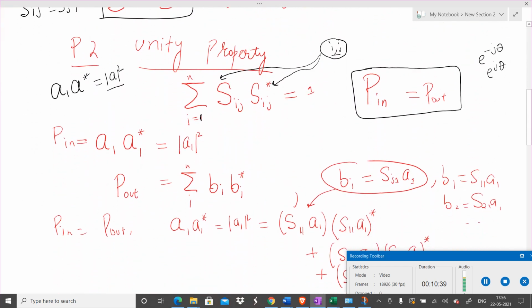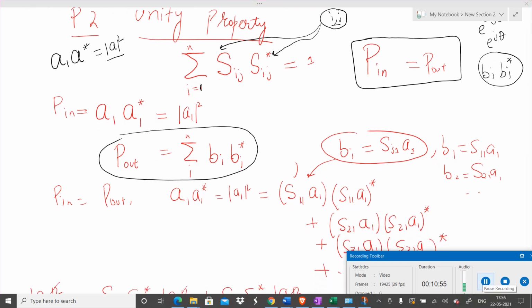So the output power for any port i is Bi Bi star, and we are summing over i equal to 1 to n. Here I am making one assumption: that there is only input power at port 1. At all other ports there is just this reflected power. The source is only at port 1.